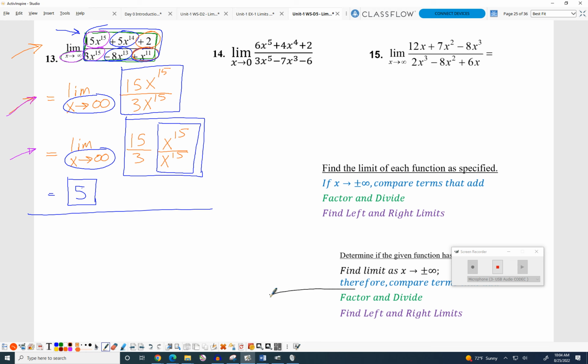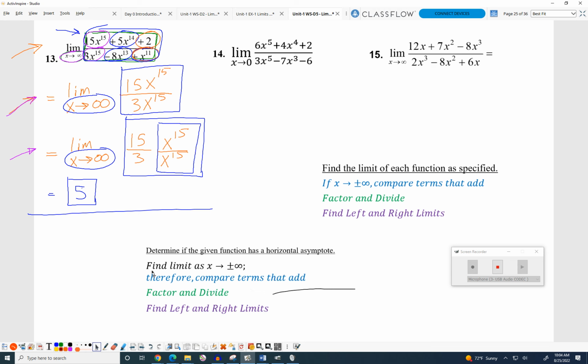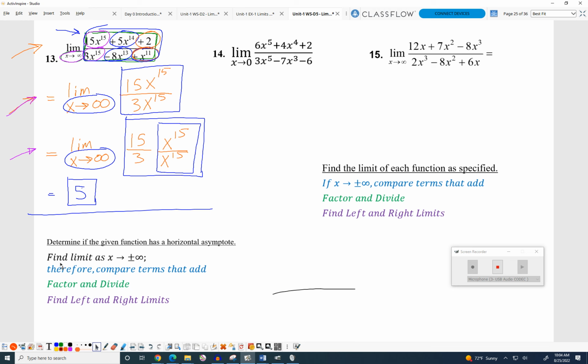If you're asked to find a horizontal asymptote, that means you're asked to find the limit as x approaches infinity. On my flashcard, I would only write this much, because the rest of it's just the regular limit flashcard. So you don't need to have this on the card. You just need to remember, oh yeah, if I'm trying to find a horizontal asymptote, I am finding a limit as x approaches infinity.